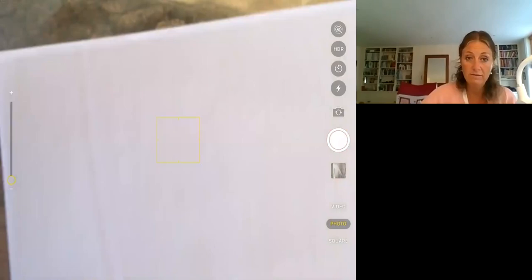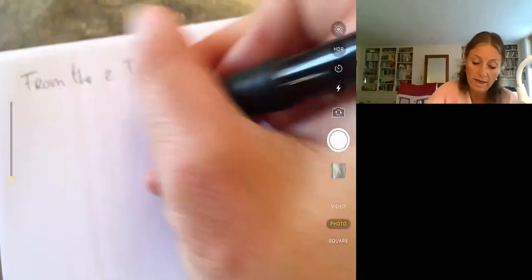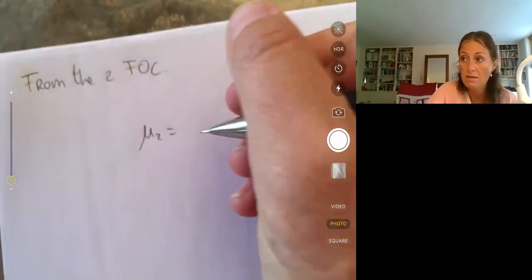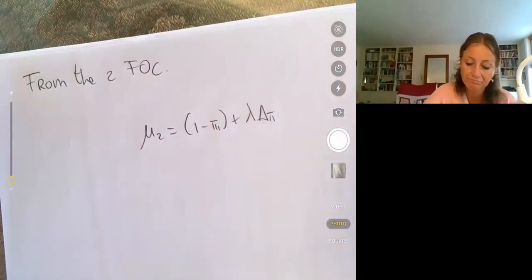Let's have a look now at what happened for the second first order condition. From the second first order condition, we get that μ2 is equal to 1 minus pi 1 plus lambda delta pi.